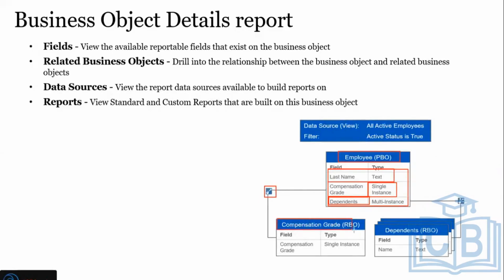Any worker can only have one compensation grade. But a worker can have zero or one or multiple dependents, which is basically a multi-instance relationship. Each worker can have one, or maybe zero to multiple dependents. This is a one-to-many relationship between business objects.